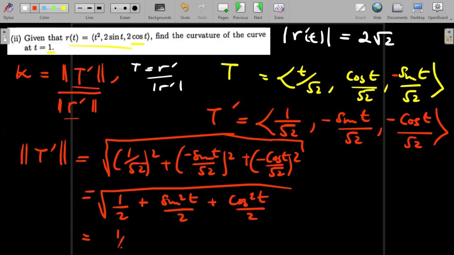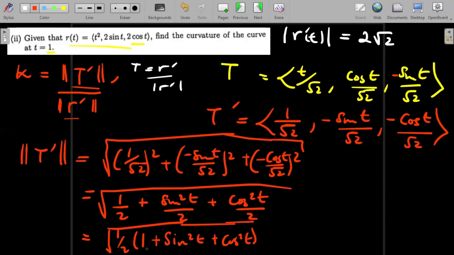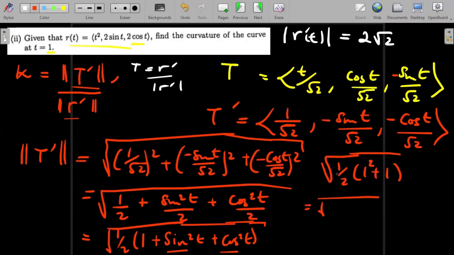So I'll get the root of 1 over 2 times 1 plus sine squared T plus cos squared T. Sine squared plus cos squared is an identity of 1, so I'll have 1 over 2 times 1 plus 1, which is 2, and 2 divided by 2 I get 1. So the magnitude of T prime is just 1.